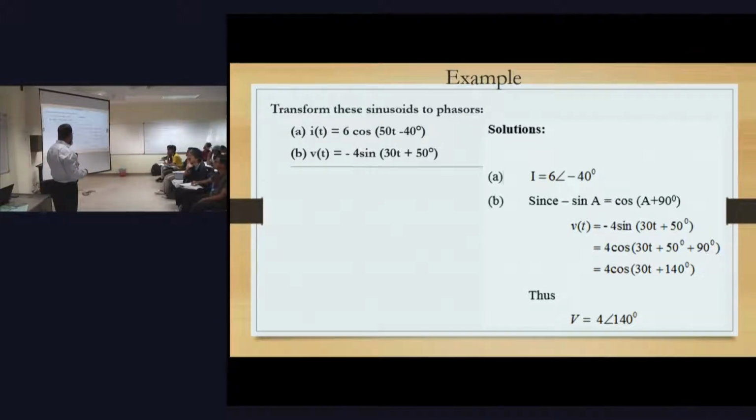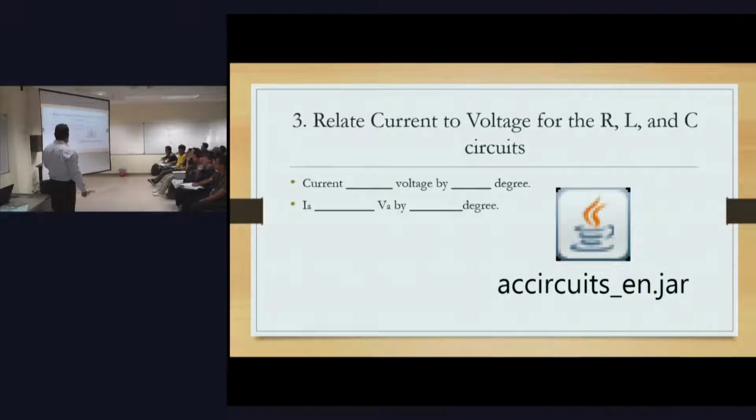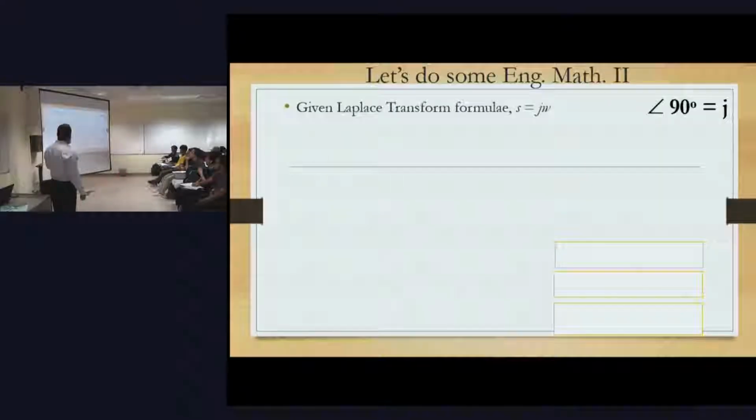So negative sine A is equal to this. So negative sine of 30t plus 50 degrees would be, you just add 90 degrees, and it becomes positive cos. So there you go. The angle becomes 140 degrees, and the magnitude is 4. Okay, let's move on.